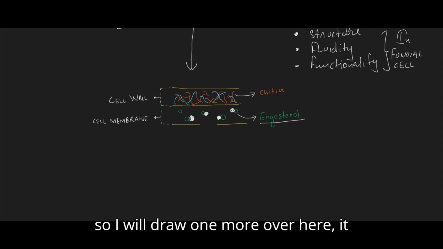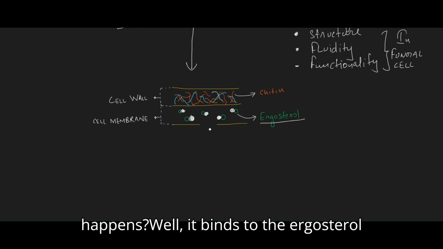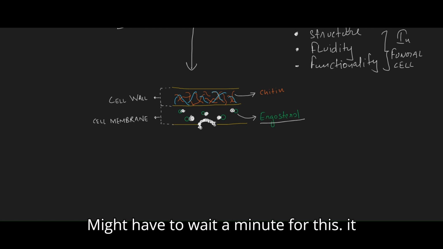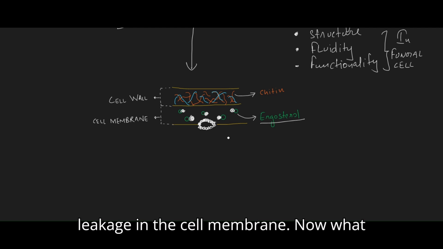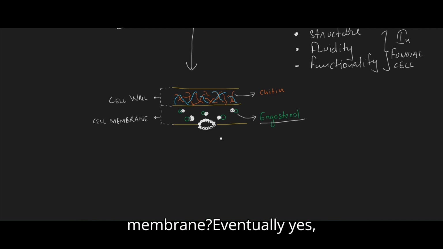So I'll draw one more over here. It binds to this ergosterol, and what happens? Well, it binds to the ergosterol and it joins and joins and joins, and you can see it forms a pore. That is a leakage in the cell membrane. Now, what happens when a leakage occurs in a cell membrane?